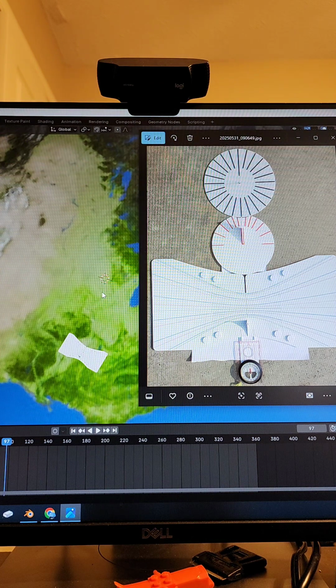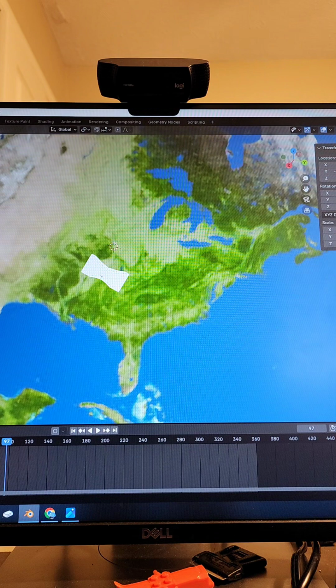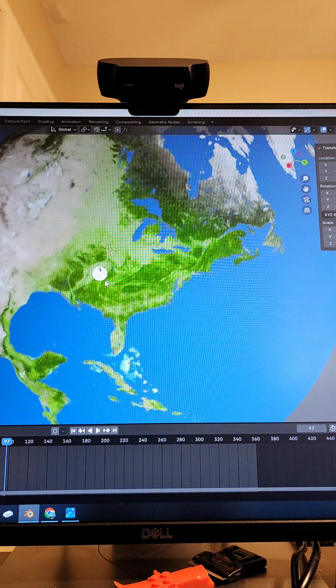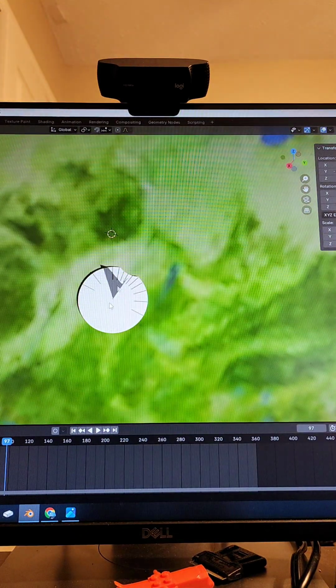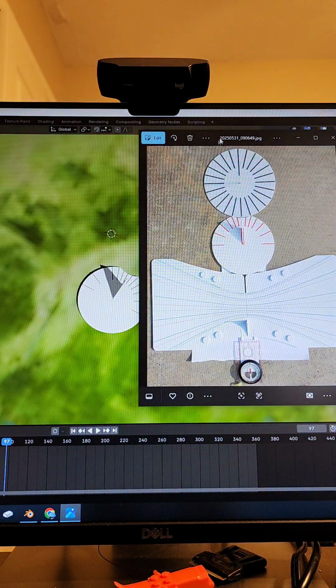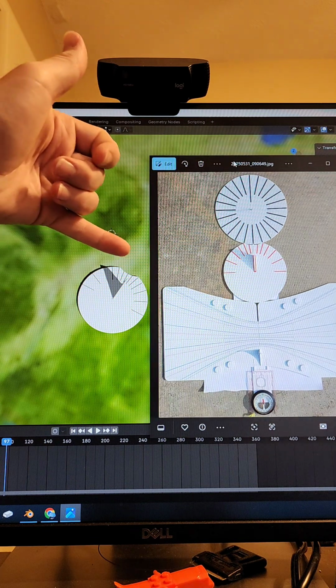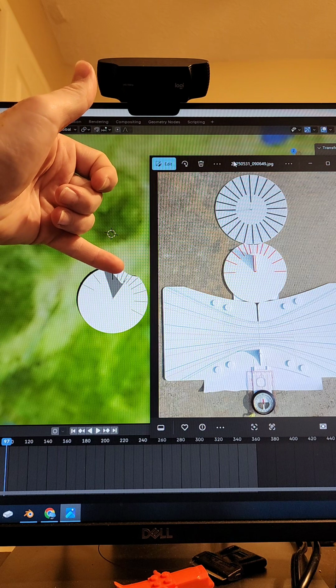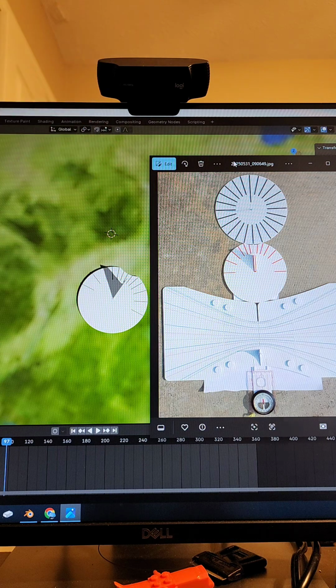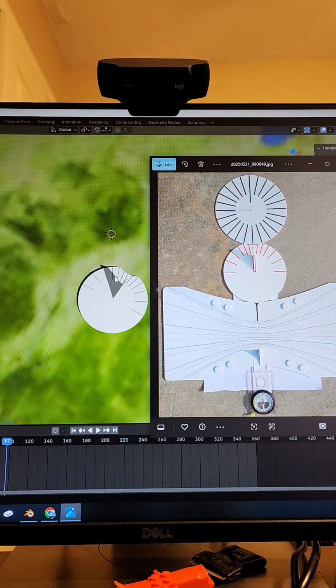So let's start with the easiest ones. So we have the horizontal sundial, which is pretty easy to see. And we're going to look at it side by side. So horizontal sundial, you can see there's the middle, there's 1, 2, 3, 4 hours before solar noon.